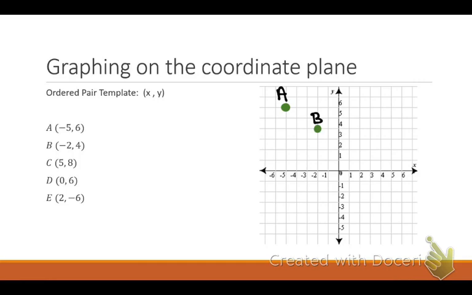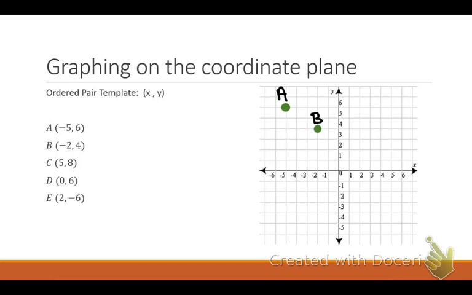All right? Look at point C. I want you to try to figure out where point C is going to go. Now C is at +5, and then +8. Okay, so since my x value is 5, am I going to go right or left now?